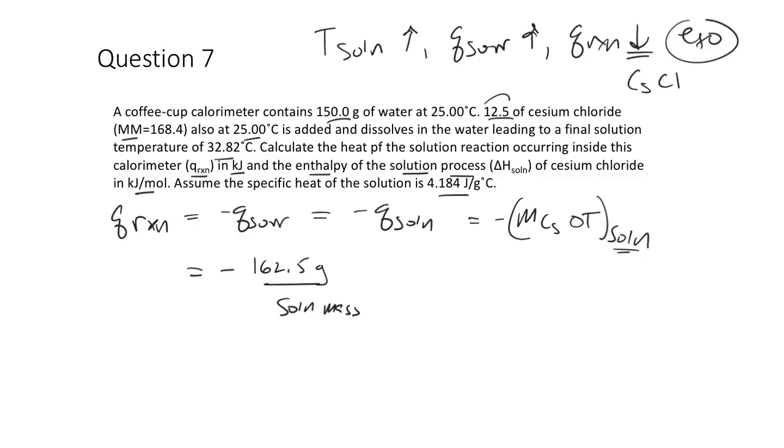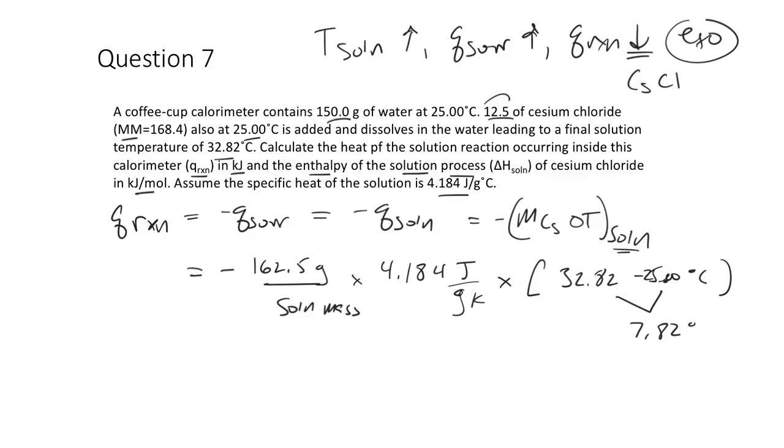So we do the solution mass because that's our surroundings. We assume the solution has the same specific heat as that of water. And then multiply by my TF minus TI, final temperature minus initial temperature, both in degrees C. So that's 7.82 degrees C.